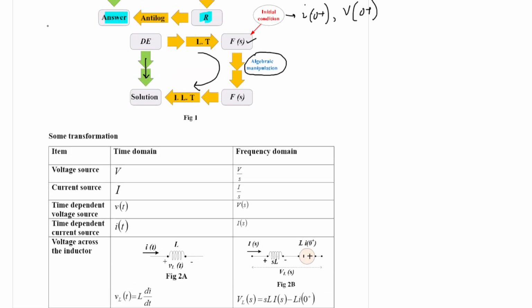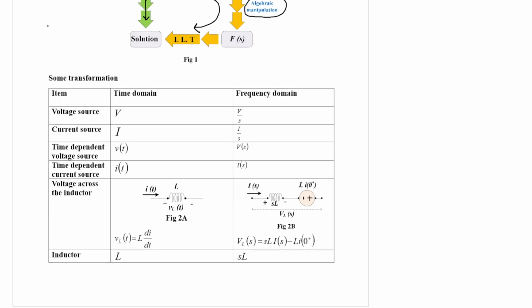Now some transformations we have seen already previously, but just for a recap, let us do it again. Suppose we have a DC voltage source V. Since it is a constant value, it acts as a step input, so its Laplace transform is V by s. Similarly, for a constant value current source, again it is a step input, so its Laplace transform will be I by s.